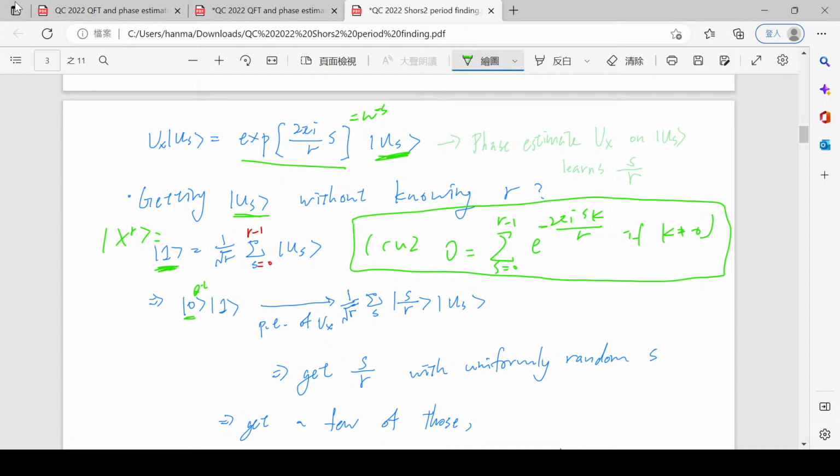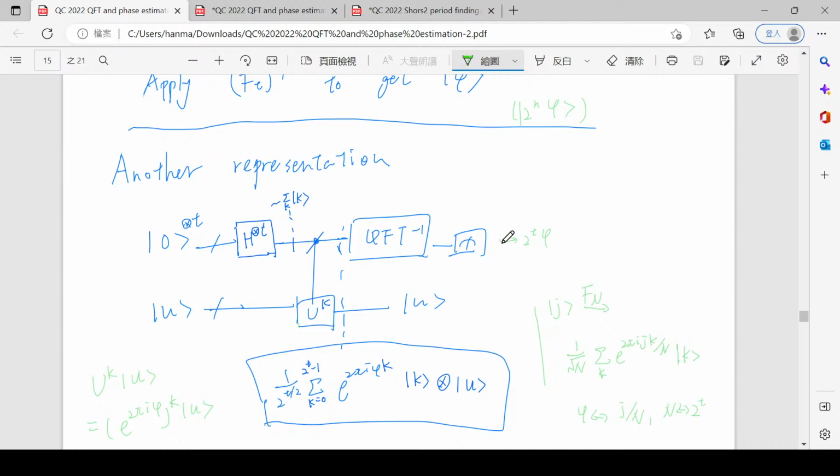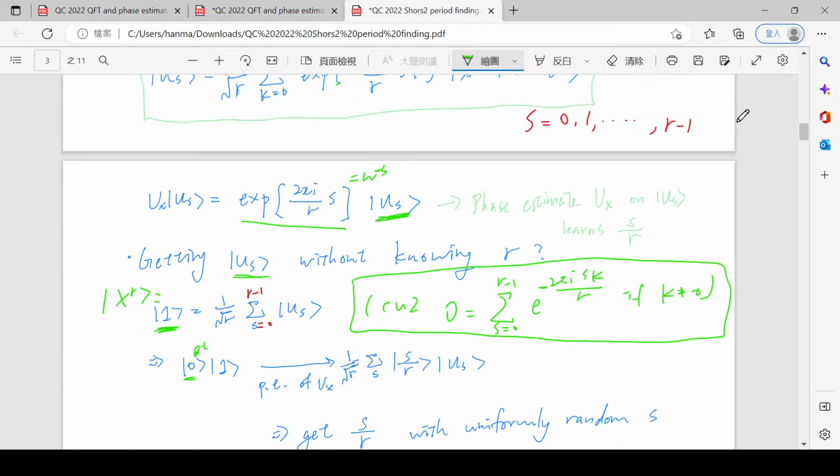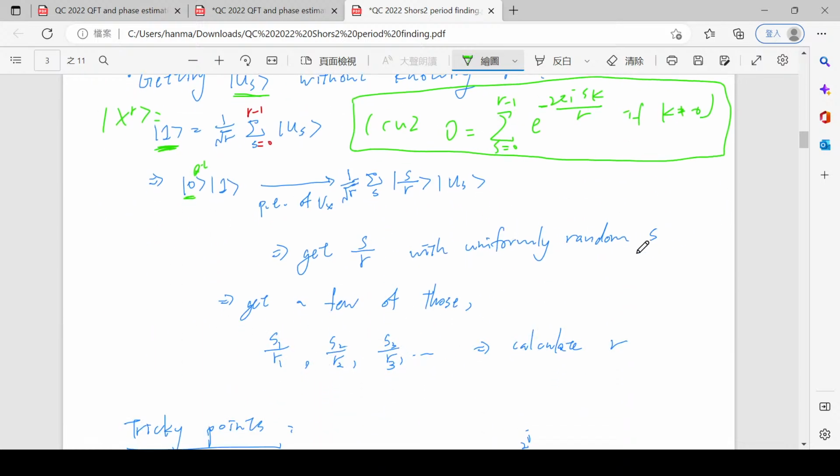So we get s over r here, or like 2 to the t times s over r, but let's ignore the 2 to the t for now. If we measure the first register, we get this s over r, and there are different s, each of them picked with probability 1 over r, the uniform randomness.